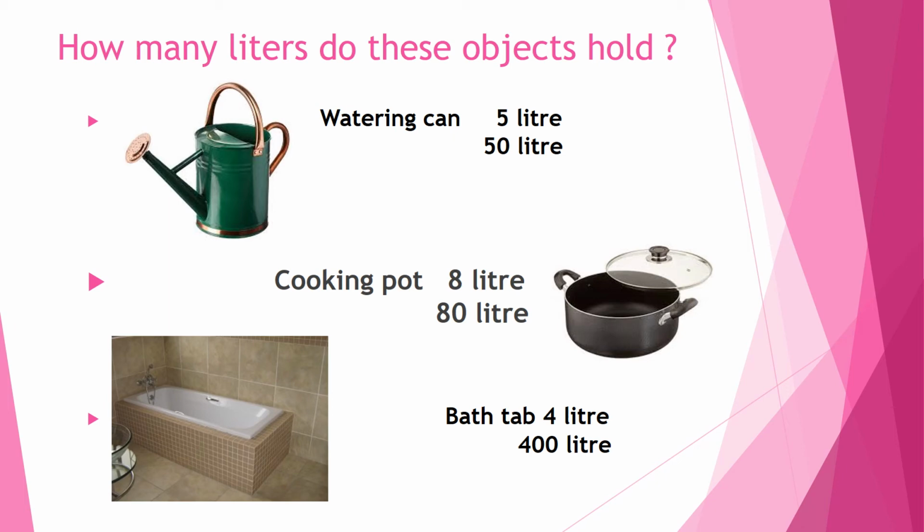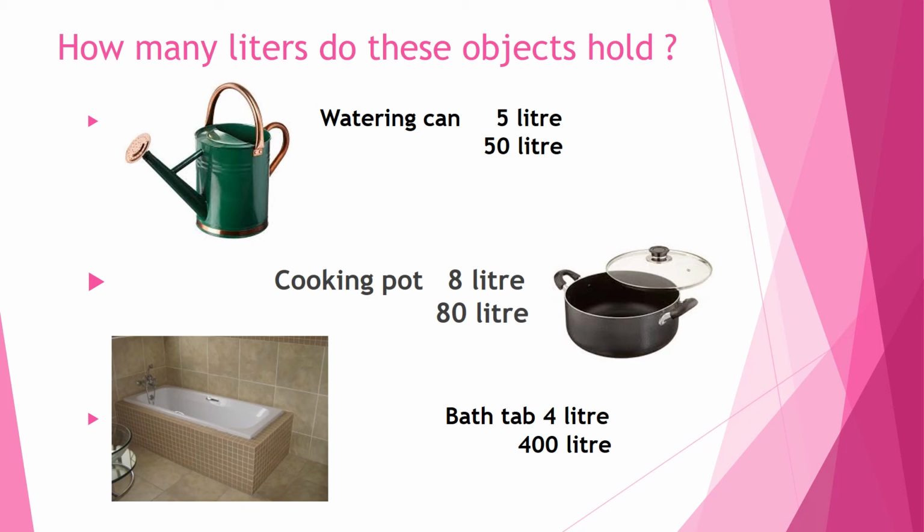Cooking pot. Can you see the size of the cooking pot? Will it take 8 liters or 80 liters of liquid or of water? Okay, good job. I think it's going to take 8 liters of water. Now let's look at the bathtub.